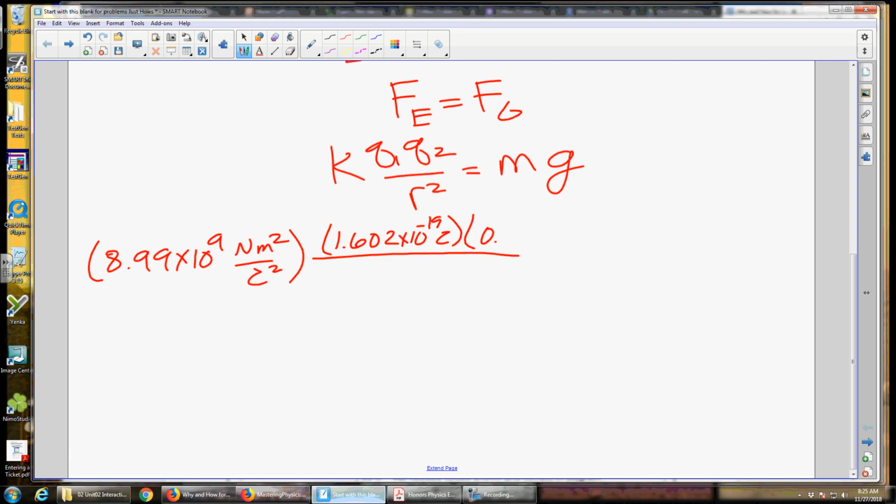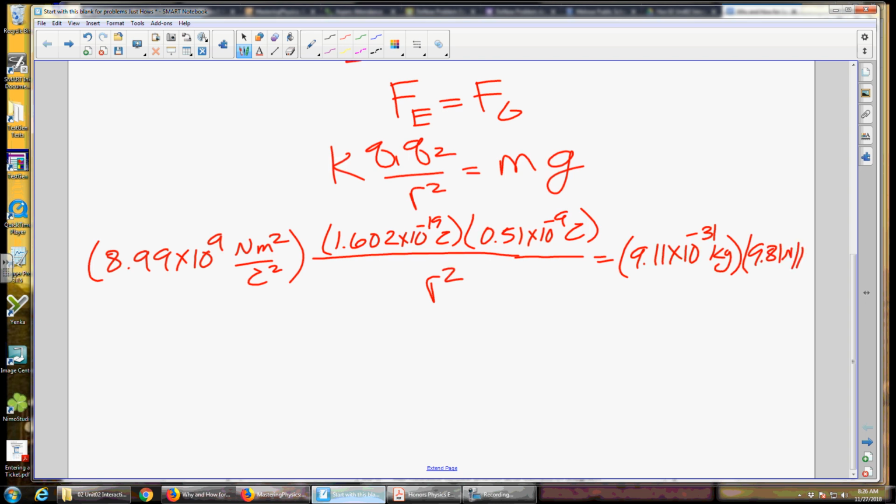So 0.51 times 10 to the minus 9th coulombs over R squared equals the mass of an electron, 9.11 times 10 to the minus 31st kilograms times 9.81 newtons per kilogram. Ready to do the math, right?